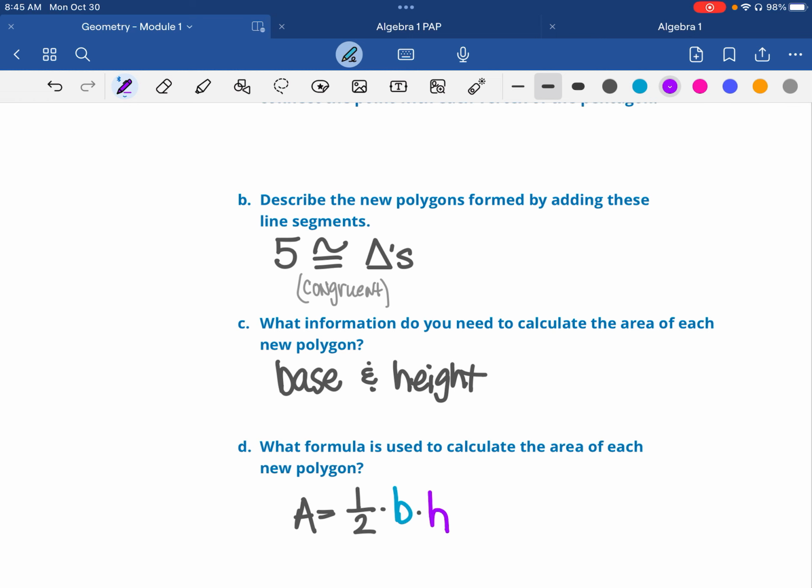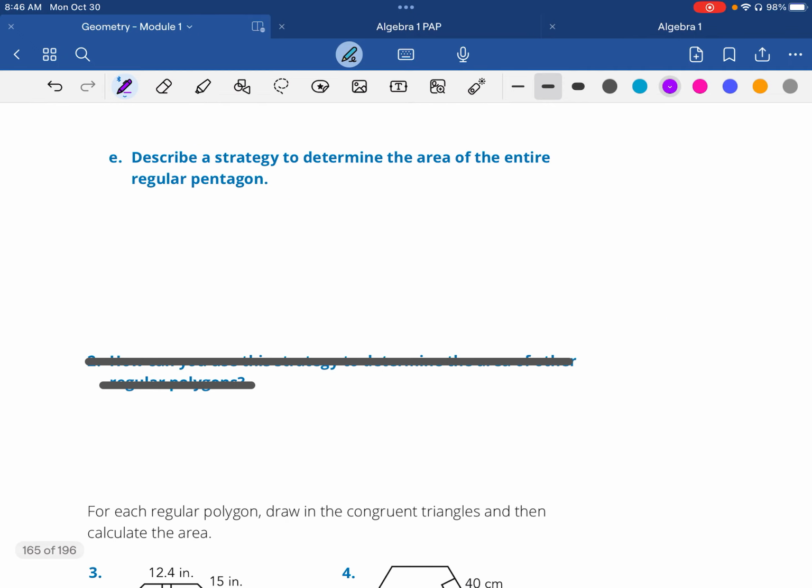All right, let's take a look at how I would then use this strategy of finding the area of this triangle to help me find the entire area of the regular polygon.